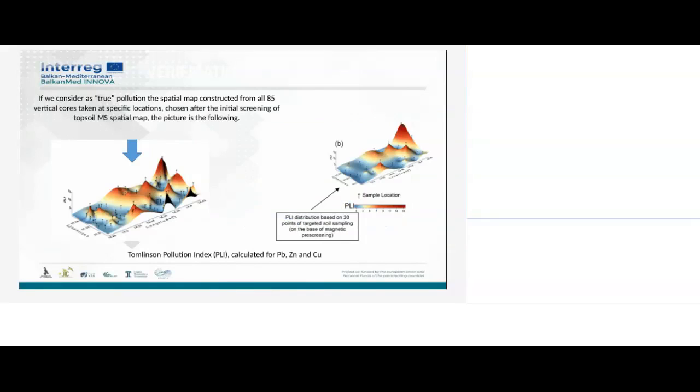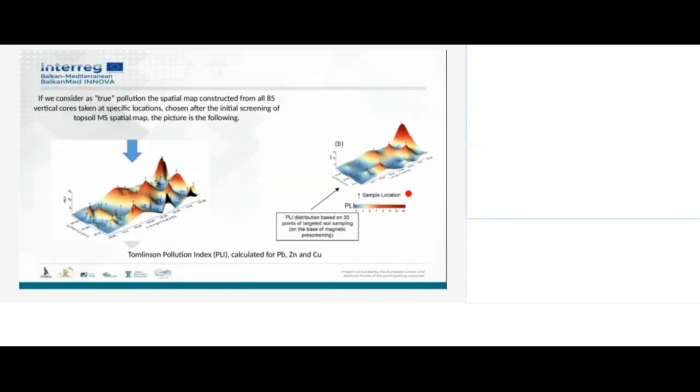Let's consider as a true pollution map the map which is obtained from all 85 vertical cores taken from the area, which have been chosen after the initial screening of the topsoil magnetic susceptibility spatial map. And now the map of the heavy metals content, which is obtained using the susceptibility map as a guiding tool.